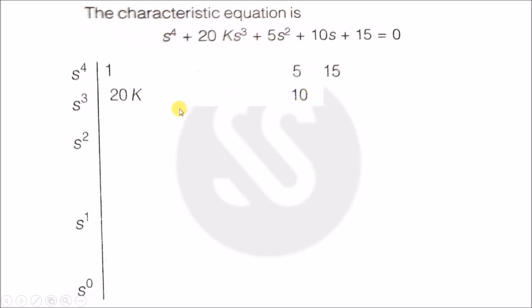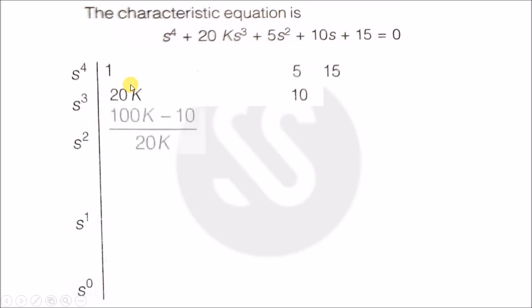Then, as we studied, to find the next value, the formula says to multiply this with this, minus the multiplication of this with this, then divide by this value.